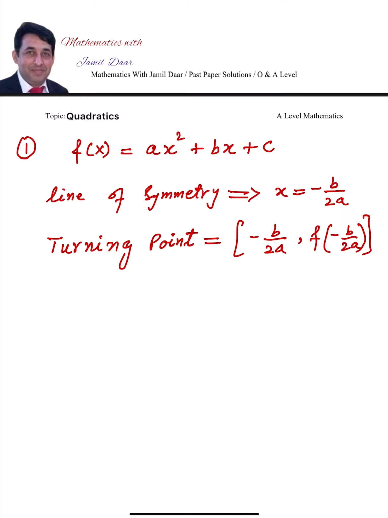How do we find out whether this point is maximum or minimum? The coefficient of x square decides whether it is U type or A type. If a is positive, greater than 0, then you will have a U type graph, so obviously your turning point will be a minimum point.